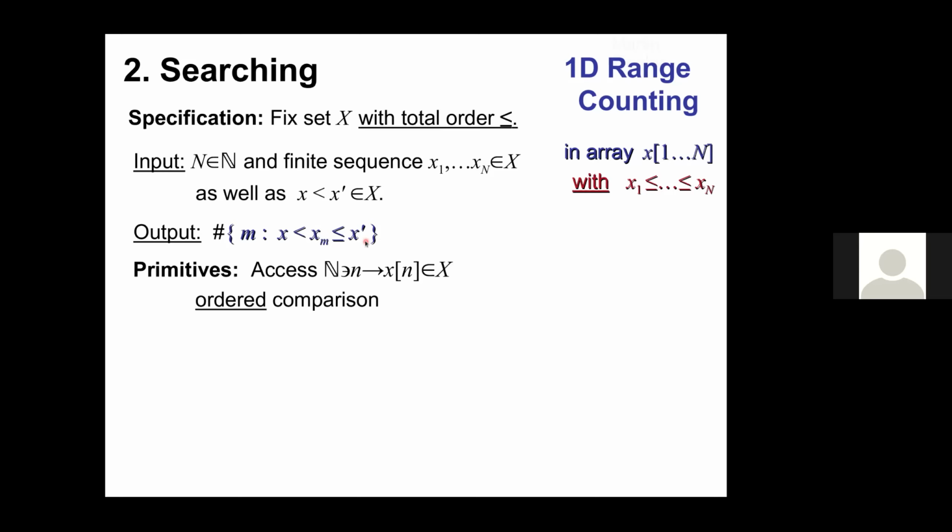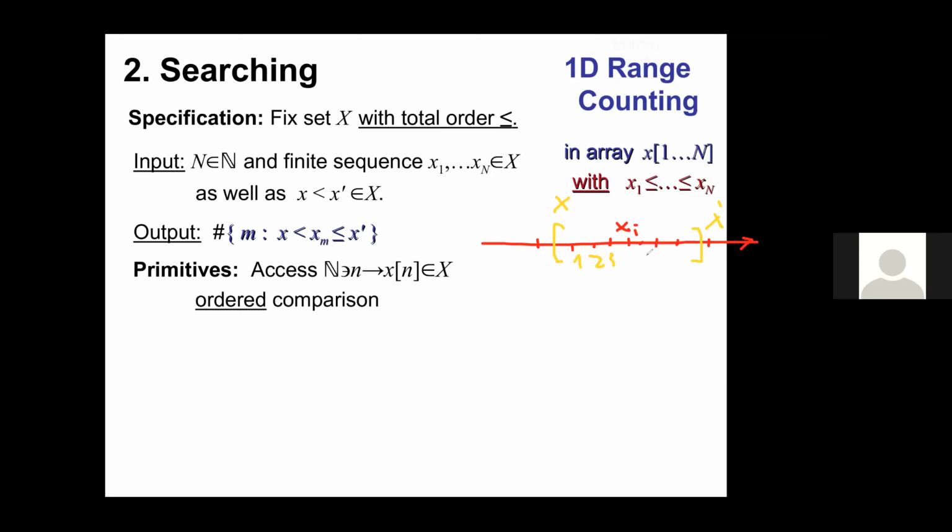If you have, say, real numbers, these are the xi, and you're given x and x prime, and you want to count how many are in between.